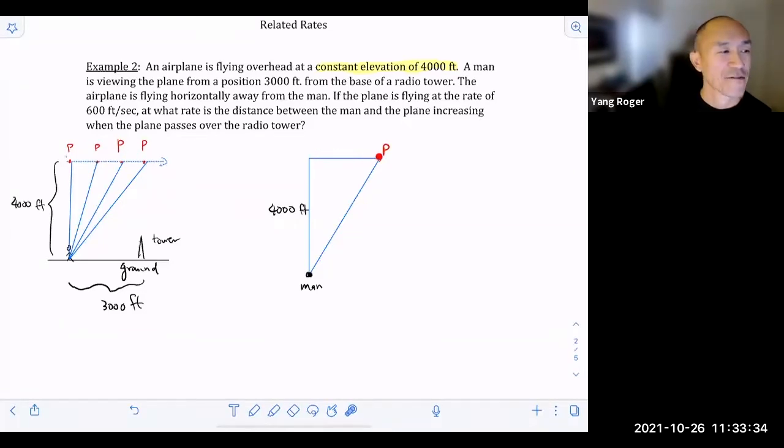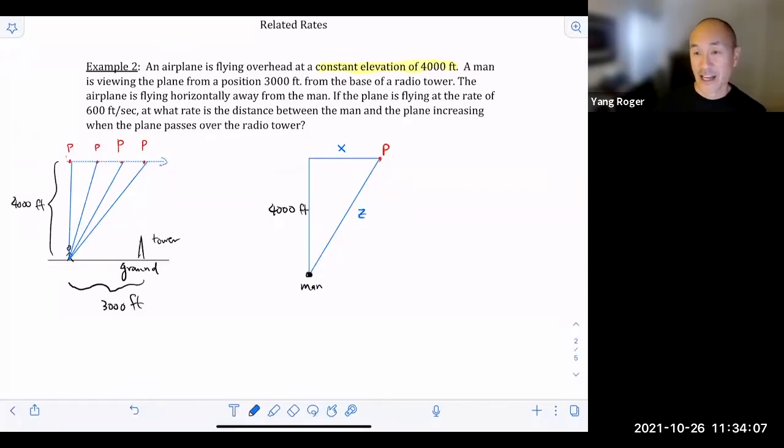Why? Because the plane is flying. So I like to label horizontal variables as X, vertical variables as Y, and diagonal stuff as Z. So that guy is X. The Y part is not a variable, it's a constant. And the distance from the man to the plane, I'm going to call that Z.